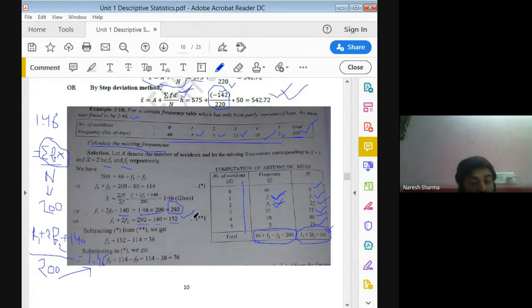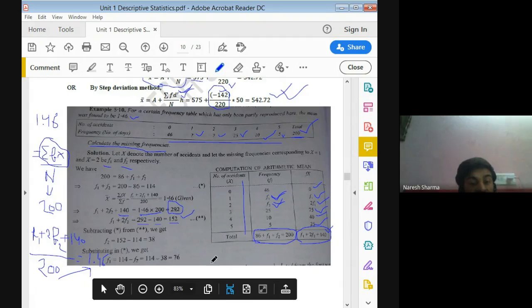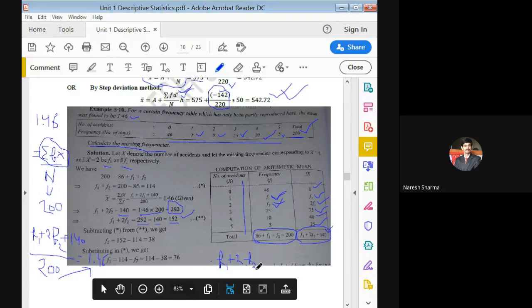So now we get one equation, which is f1 plus 2f2 is equal to 152. Another unknown is f2.